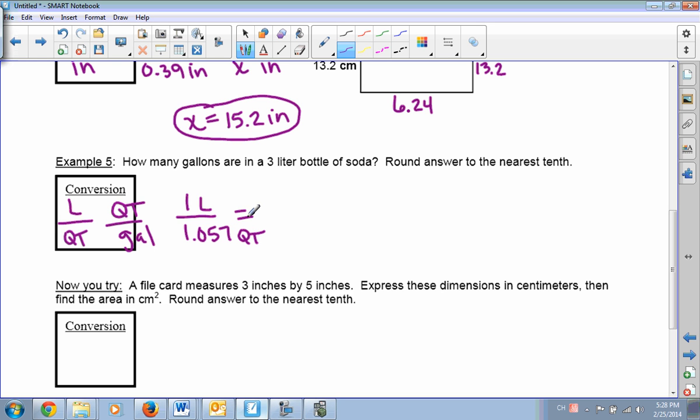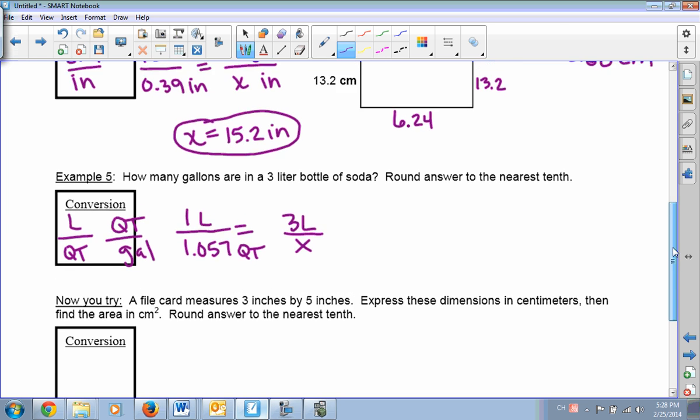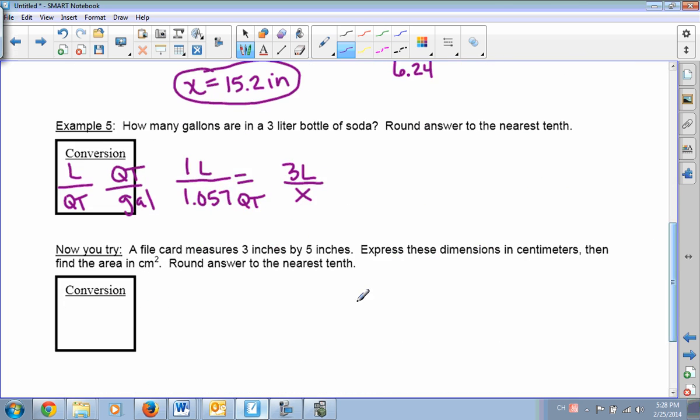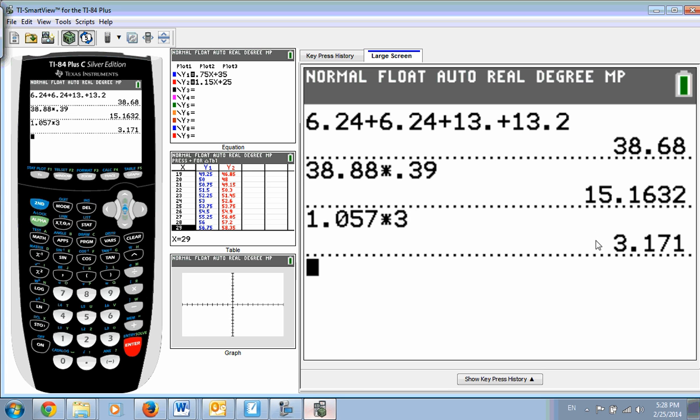And we have 3 liters, so how many is that going to be? So again, you're just multiplying 1.057 times 3. So let's do that in our calculator. That'll give us how many quarts we have. We have 3.171 quarts.